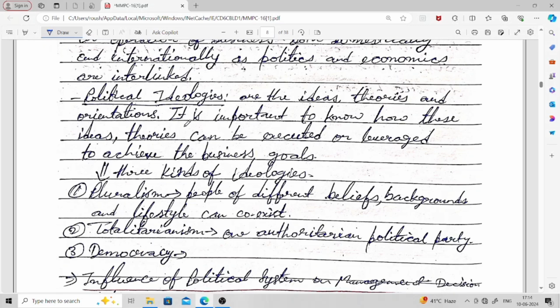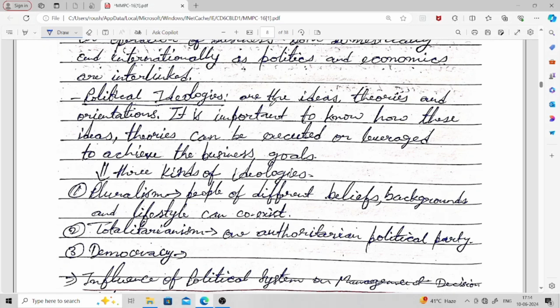So now let's see. This is political ideologies. Political ideologies are the ideas, theories and orientations. It is important to know how these ideas and theories can be executed or leveraged to achieve the business goals.